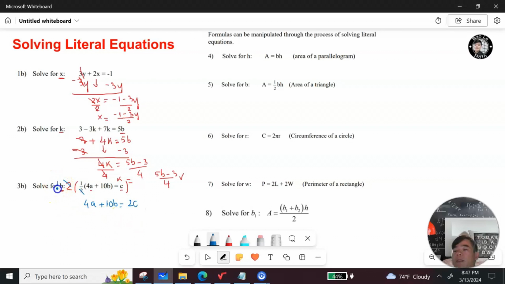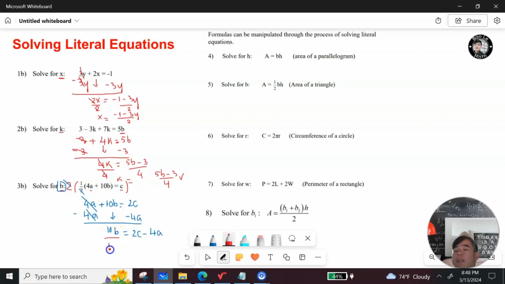Since I'm trying to solve for b, I need to subtract 4a from both sides. Then 4a minus 4a is gone. I bring 10b down, equal to 2c minus 4a.